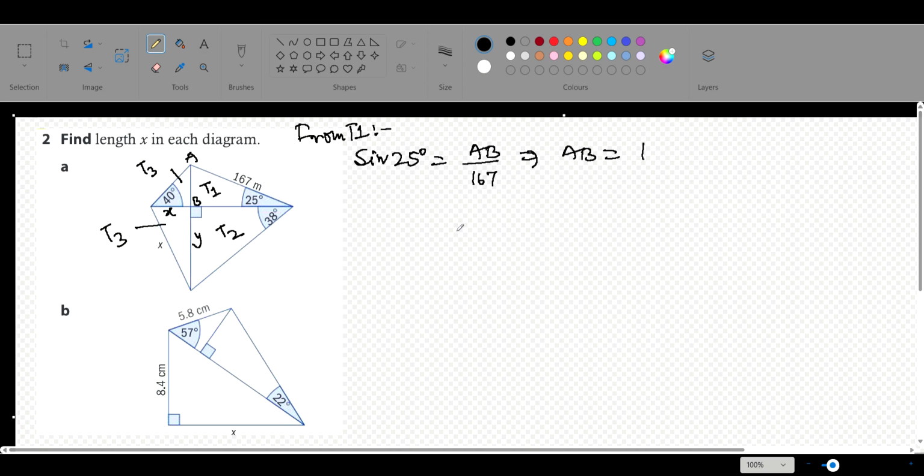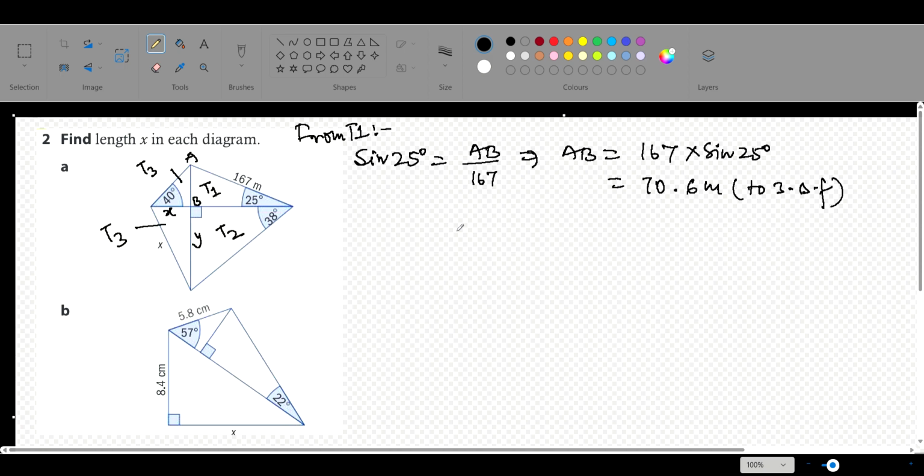So AB would be 167 times sine 25 degree, which is 70.577, so 70.6 meter to 3SF.